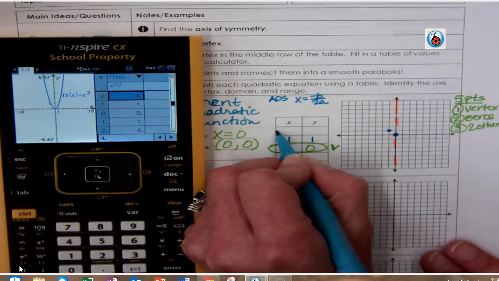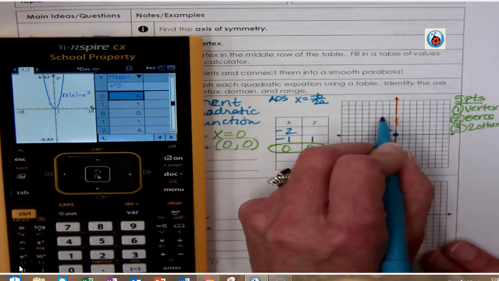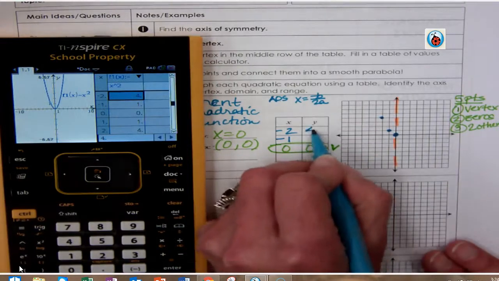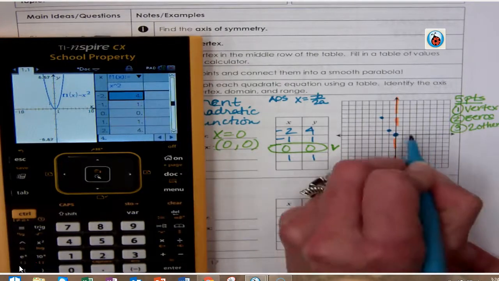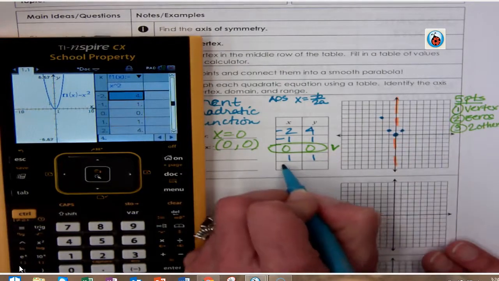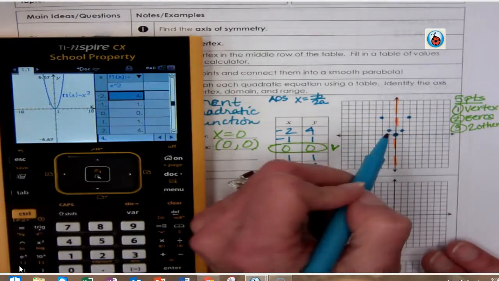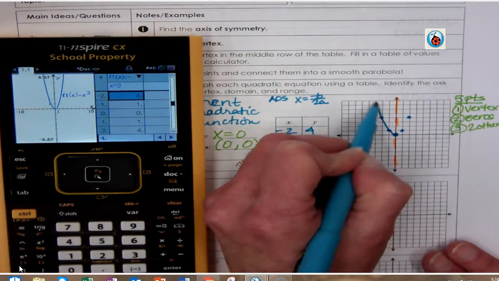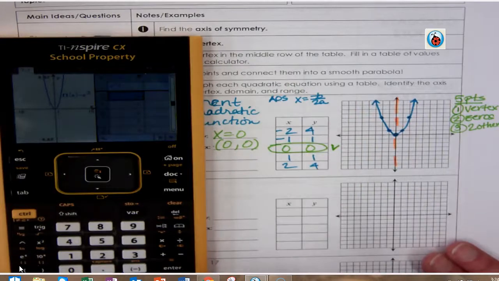At -2, y is 4. And at +1, y is 1. And at +2, y is 4. And you're going to notice in all of these graphs that it's symmetrical. If there's a point on the left side and it's a whole number, it's going to be symmetrical.